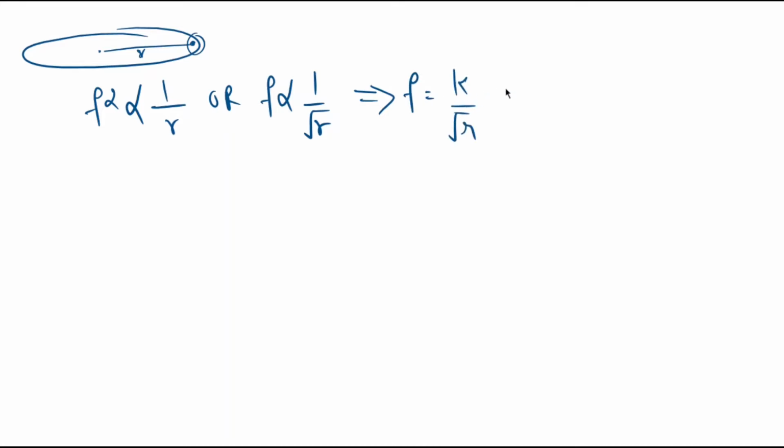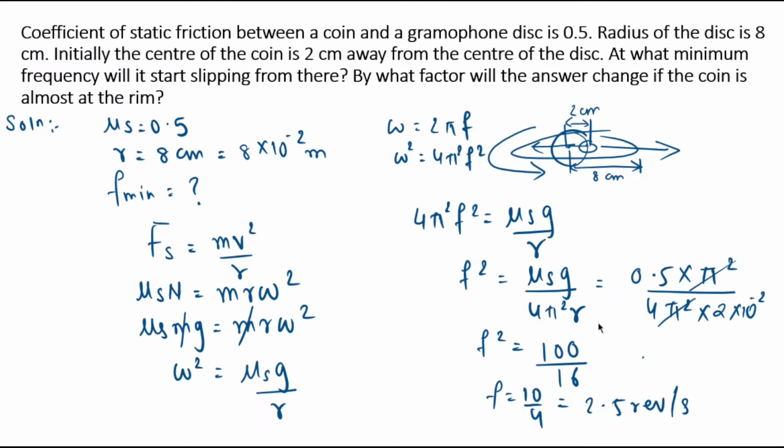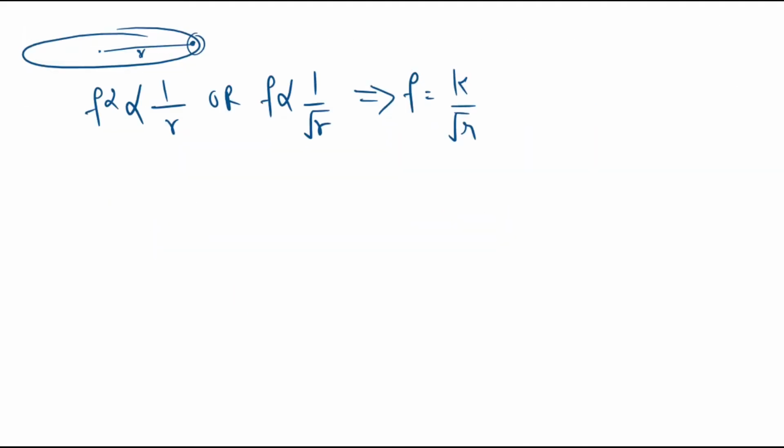K is nothing but the constant, which can be all these values, mu s g by 4 pi square. Okay, so for the new frequency f new, when the coin is placed at the rim, let this be k times 1 by root under r new. R new is nothing but our radius of the disc. Let's take the ratio of these two.